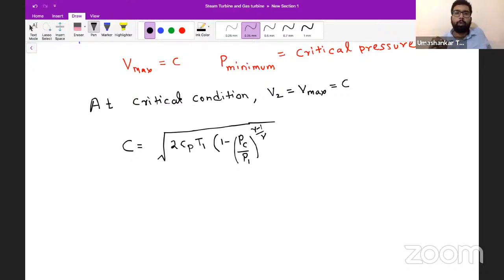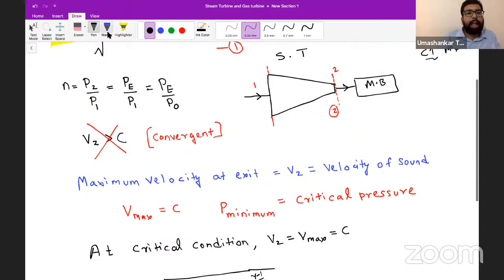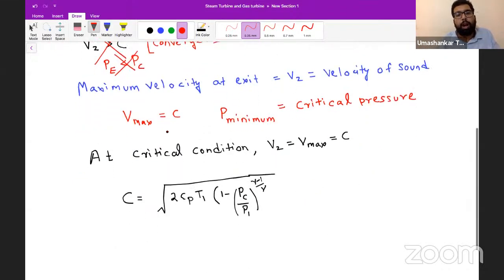And as I told you, the pressure can't be below this PC. Our velocity at the exit can't be more than C, so the exit pressure can't be less than the critical pressure, because at critical pressure we achieve the velocity of sound.